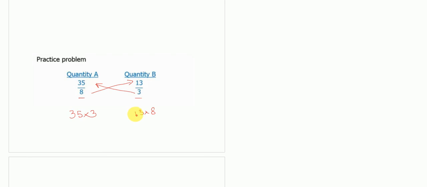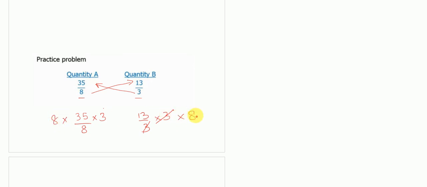And if you're confused about why this rule works, think about it. Let's say we have 35 divided by 8 over here and 13 divided by 3 over here, and we can say, okay, let's multiply both sides by 3, and we just saw that you can multiply both sides by a positive number. This is allowed. So the two 3's would cancel each other out, and then you can multiply both sides by, let's say, 8.